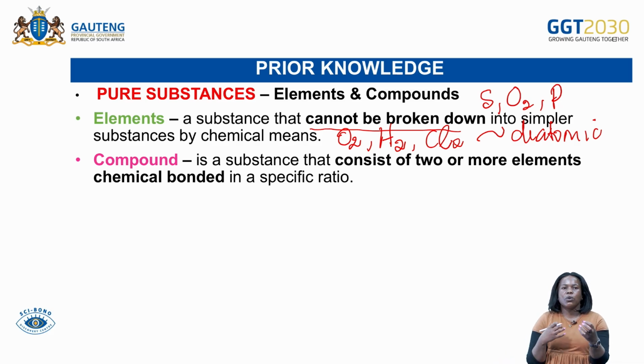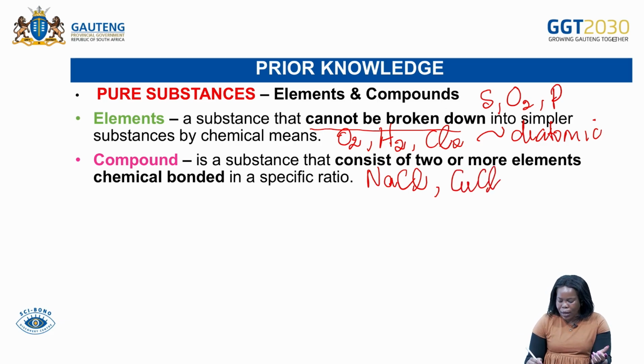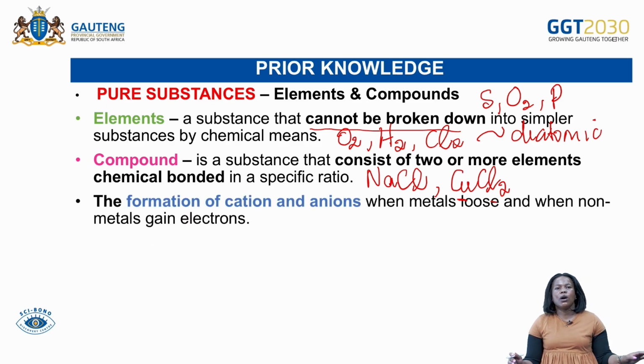When we come to compounds, we talk in terms of NaCl, and we say that it is a compound because it is made up of two elements that are chemically bonded to each other at a specific ratio. It could be copper chloride. This is also regarded as a compound because it consists of two elements, which are copper as well as chlorine. All right. Moving right along, that was a quick recap from our grade 10 work.